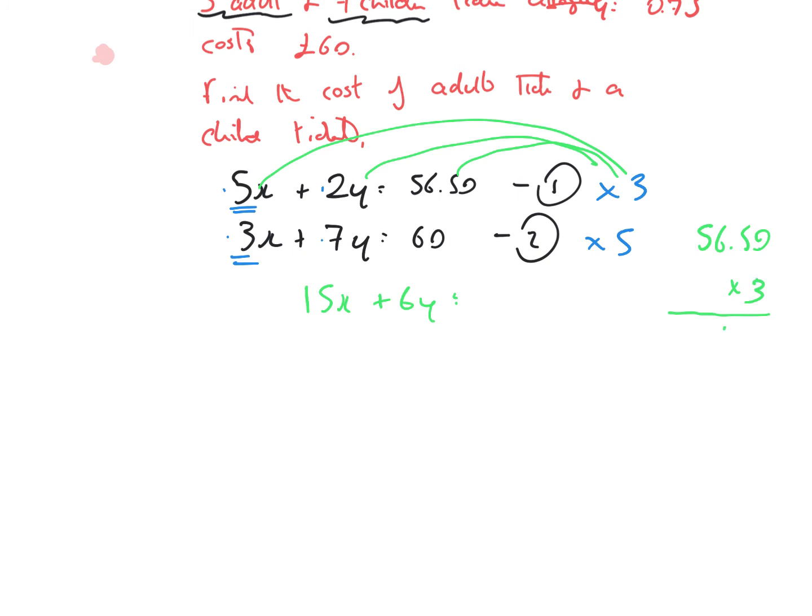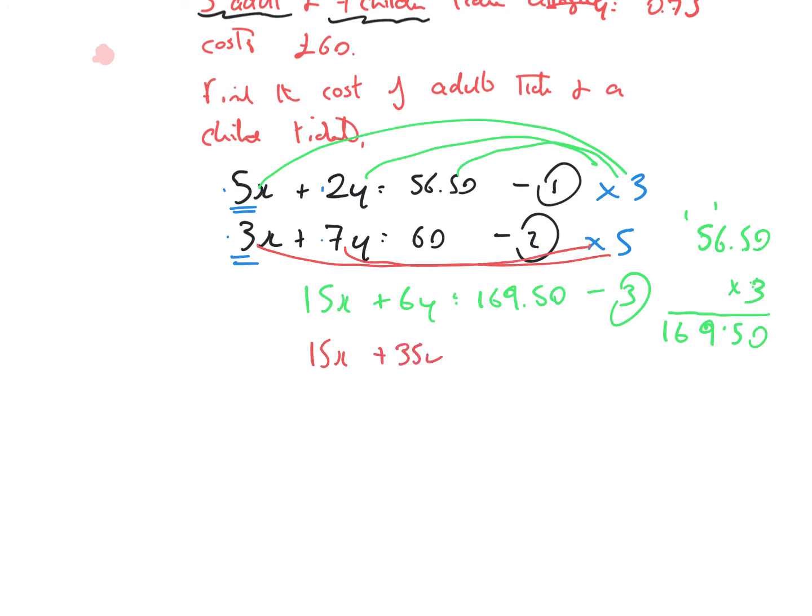Line up the decimal point, 3 times 0 is 0, 3 5s are 15, 5 down carry 1, 3 6s are 18, plus 1 is 19, 9 down carry 1, 5 3s are 15, plus the 1 is 16, so that's going to be £169.50. That's equation 3. Then it's 3x times 5 is 15x, 7y times 5 is 35y, and 60 times 5 is 300, and that is equation 4.